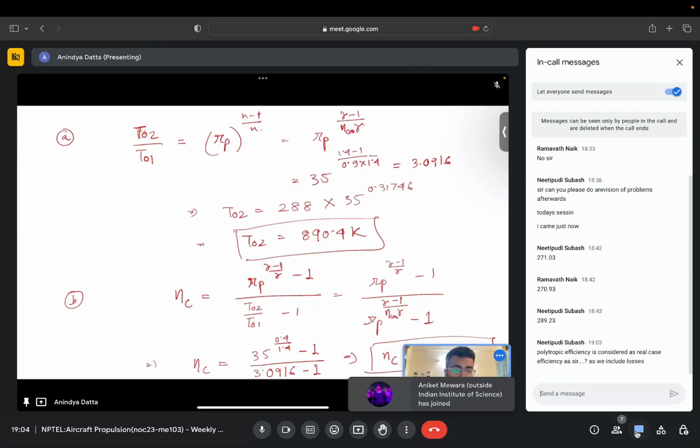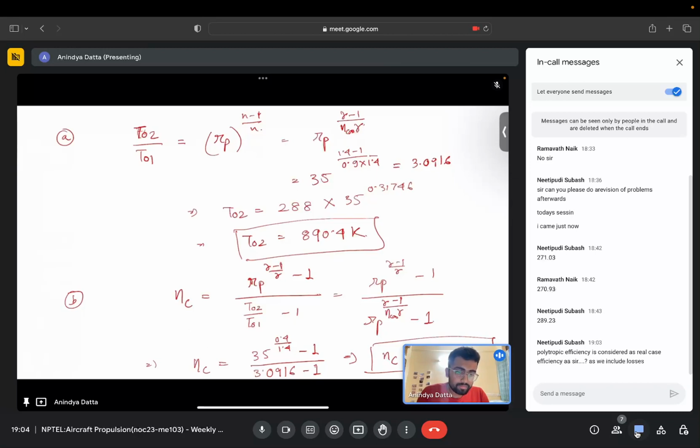In other words, the actual or real expansion or compression process is irreversible, so we cannot express it as a process on a TS diagram.